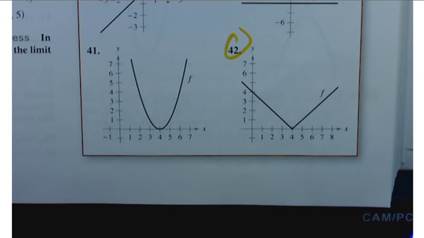It's going to be positive, because to the right of this point, the function is increasing. The derivative describes how the function is changing. So it's changing in a negative way to the left of 4 and in a positive way to the right of 4, at a constant rate both times.